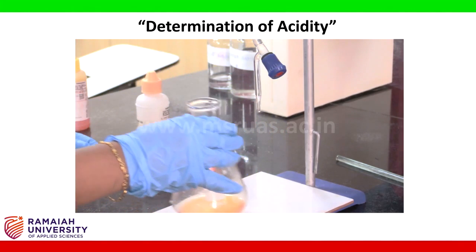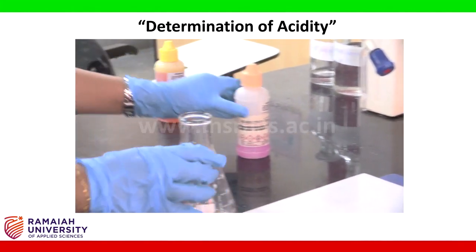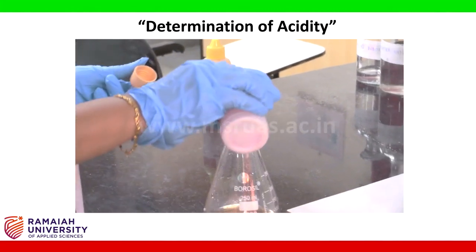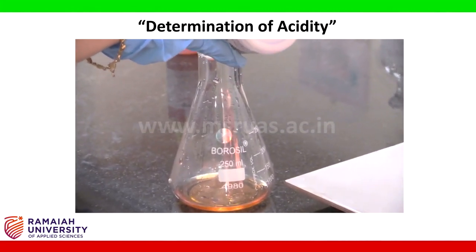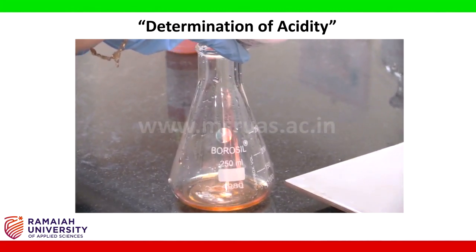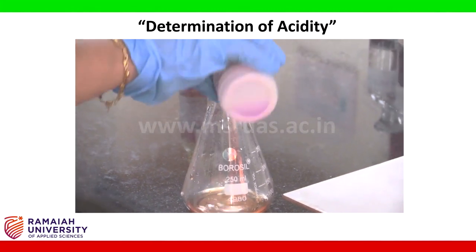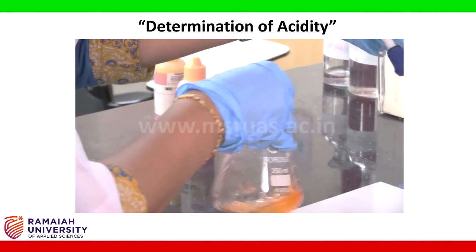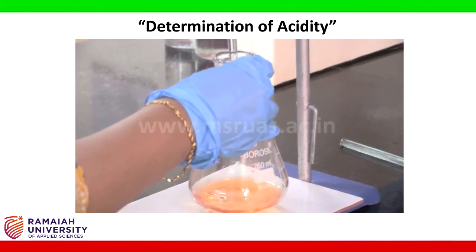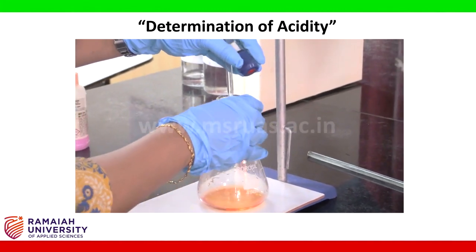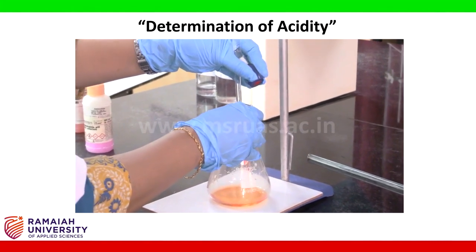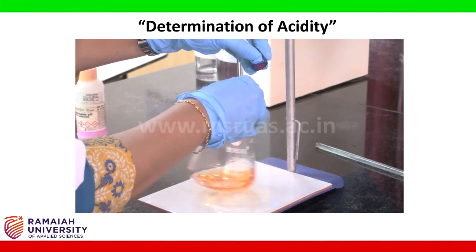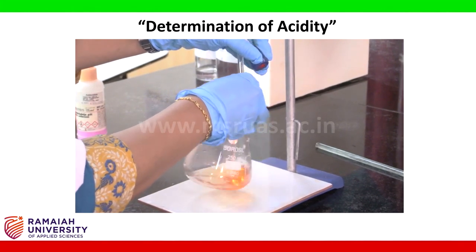Now we need to add a few drops, that is 2 to 3 drops of phenolphthalein indicator. Now titrate again, that is continue the titration.